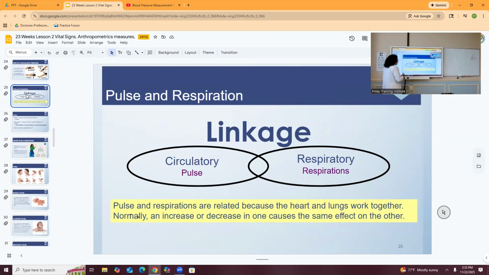They are linked, meaning that if the respirations increase, heart rate is going to increase. If the heart rate increases, the respirations increase. If the respirations decrease, heart rate is going to decrease. If the heart rate decreases, the respirations are going to decrease. So they're linked to each other. They act the same way.